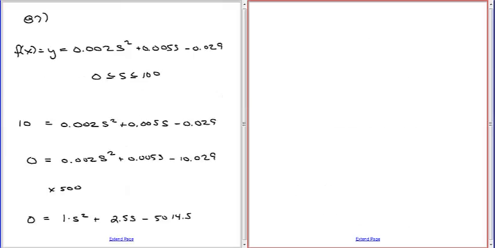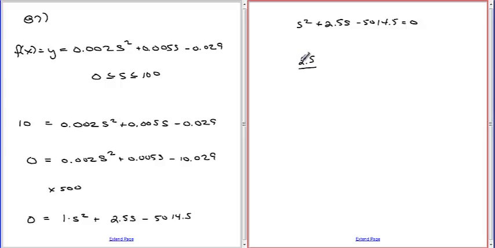So that's the equation I want to find the x zeros for. So I have s squared plus 2.5s minus 5,014.5 equals 0. So I use completing the square.